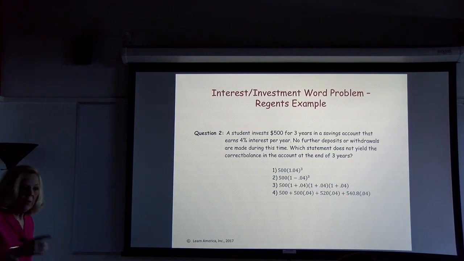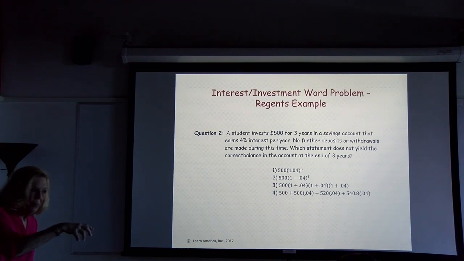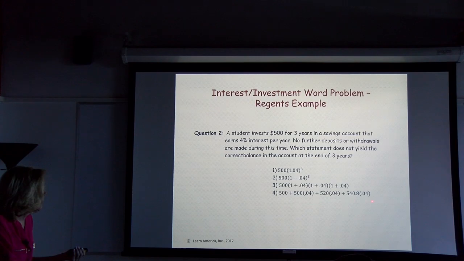The third year, remember now, you've got interest from the first year, you've got interest from the second year, and then you're going to find out 4% of that larger amount. And then you're going to add them all together. So actually, this is the same thing as 1.04 times 1.04 times 1.04, which is the same thing as getting the interest for the 3 years.